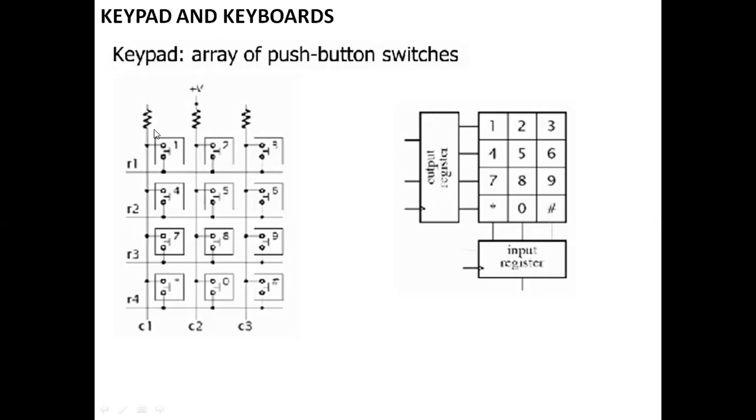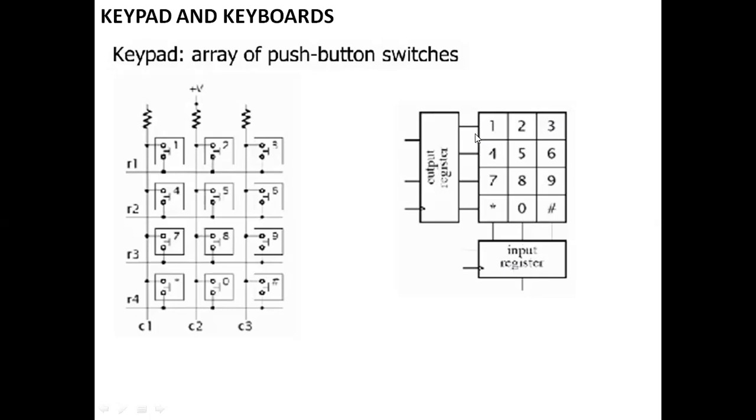Right, so we also have something called an output register. We drive the row lines through this output register, the register into which we can write the values to be driven on the row lines. And I can have one more register called the input register. This input register is used to read the values from the columns.